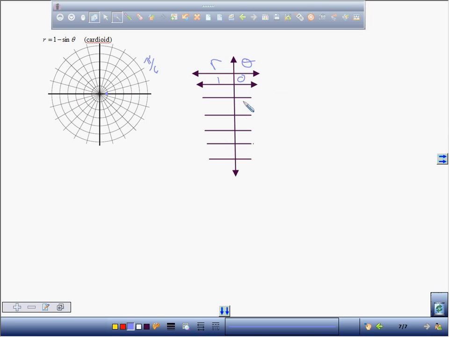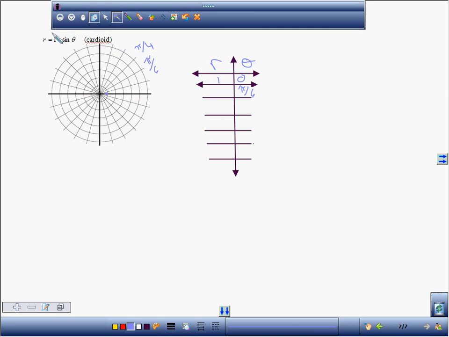Okay, so this is pi over 6. So I'm going to say that theta is equal to pi over 6. That's pi over 12, pi over 6, pi over 4. When I plug in pi over 6, anyone remember what sine of pi over 6 is? 1/2. So I get 1 minus 1/2.